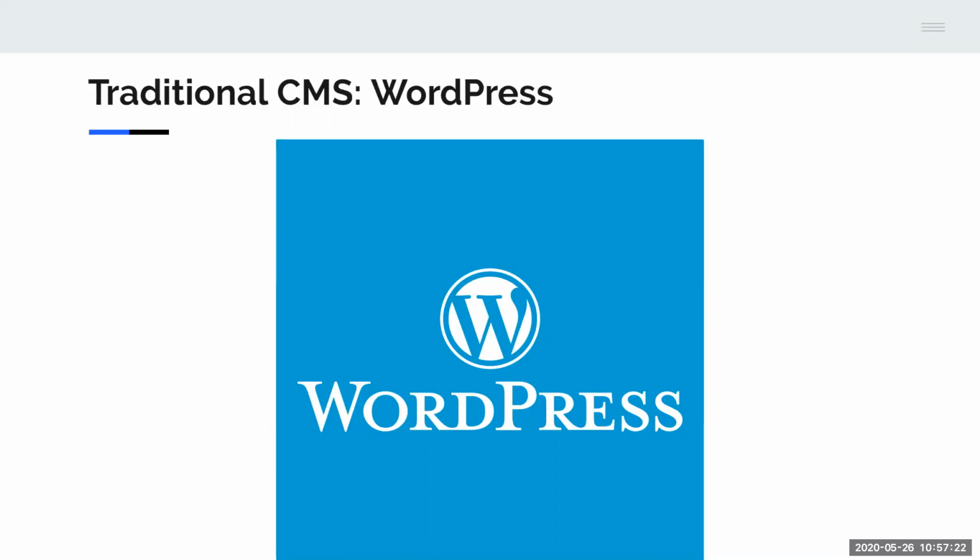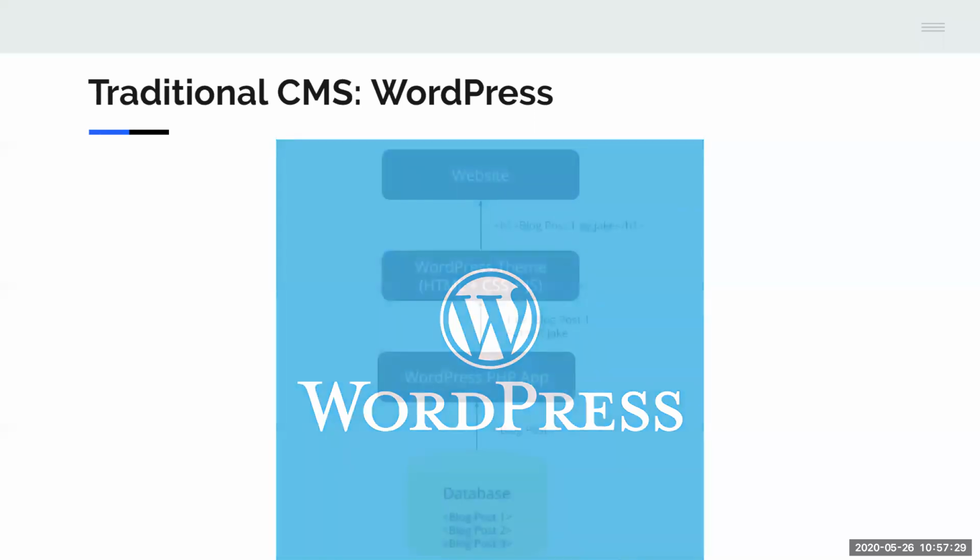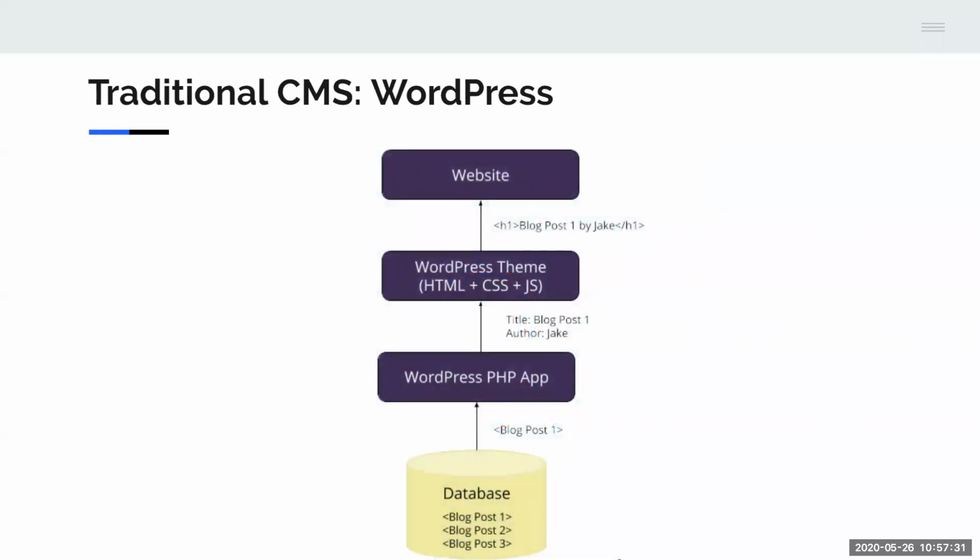In other words, it pulls content, i.e. blog posts, from your database and pushes it to the generic theme layout. When you're using WordPress and a visitor visits your blog post, this illustration shows what happens. The raw data for the blog post is pulled from the WordPress MySQL database by the WordPress PHP application.